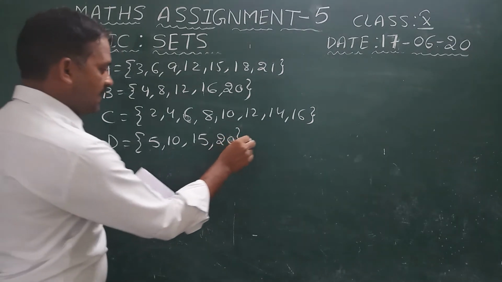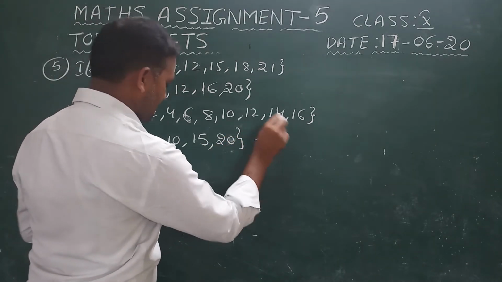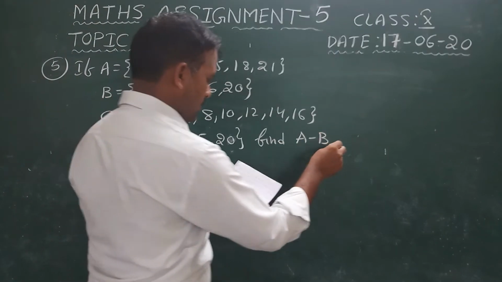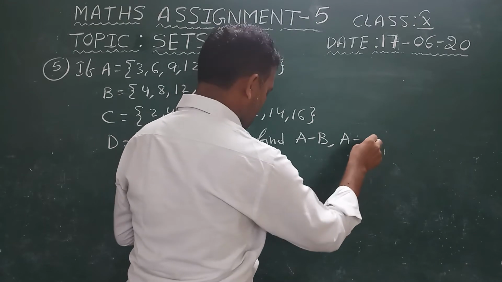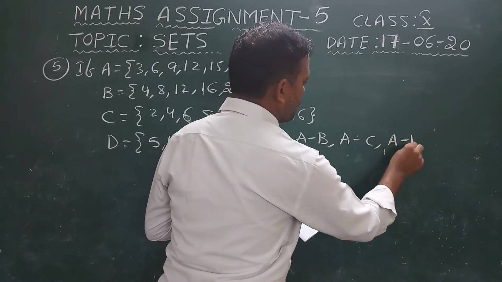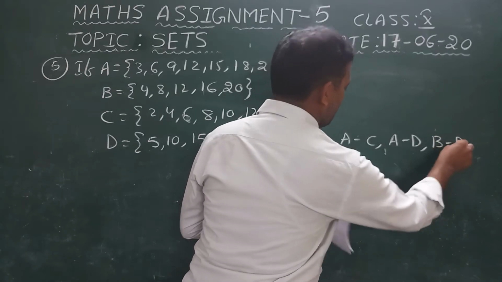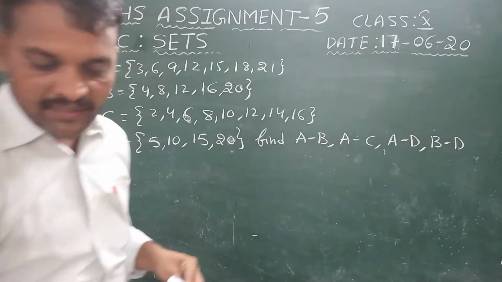We need to find first A minus B, next A minus C, A minus D, and B minus D.